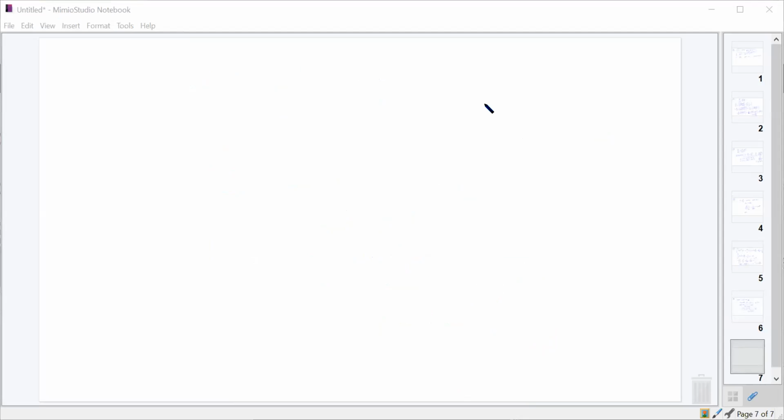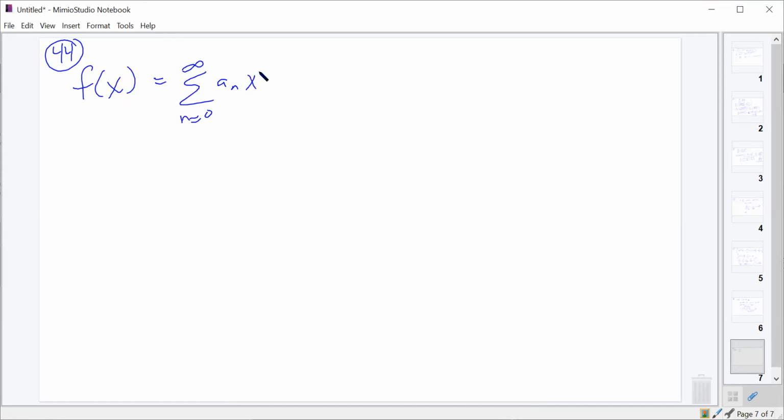Okay, number 44. All right, so number 44 gives us a function f of x, which is equal to the sum from 0 to infinity of a sub n x to the n, and we've got f prime of x is equal to negative f of x for all x.